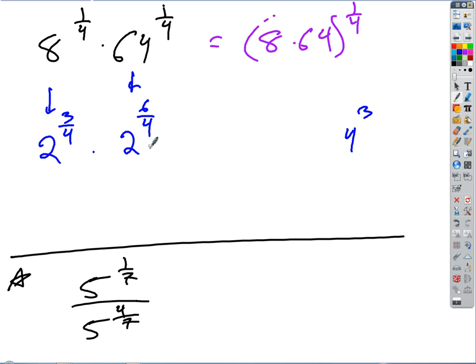What do my properties of exponents tell me there? So I end up with 2 to the 9/4 as my final answer.